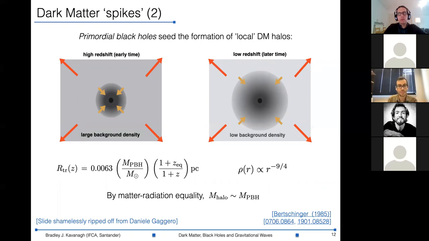This is simple to understand: you have a point mass, this primordial black hole, and a universe around it which is gradually decreasing in density. In that environment, the primordial black hole can essentially capture dark matter particles from this smooth background. And what you find is, again, a steeply rising dark matter density profile with a slightly different slope.